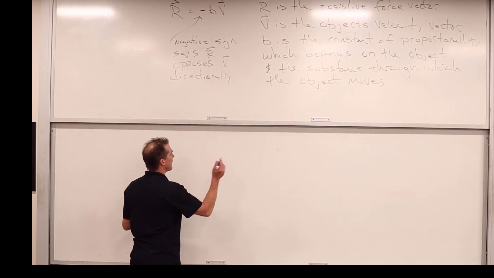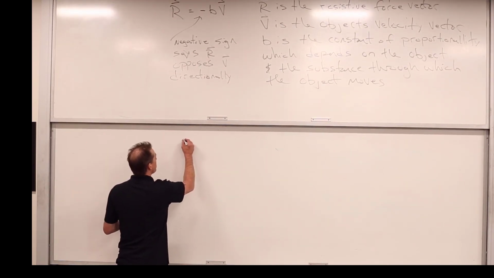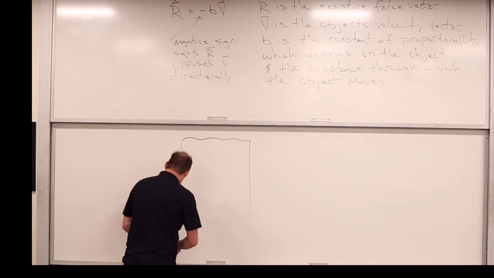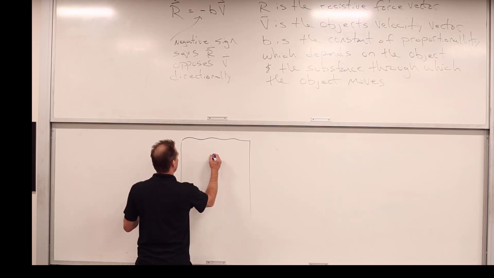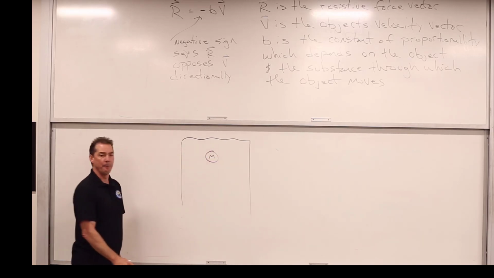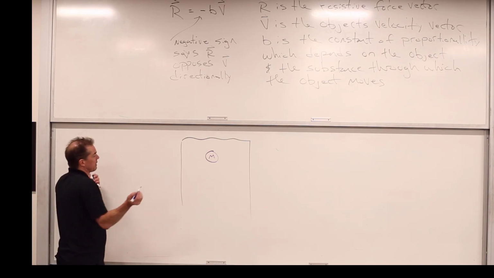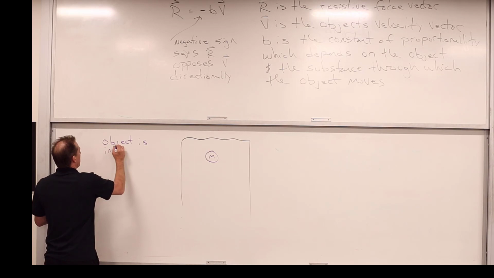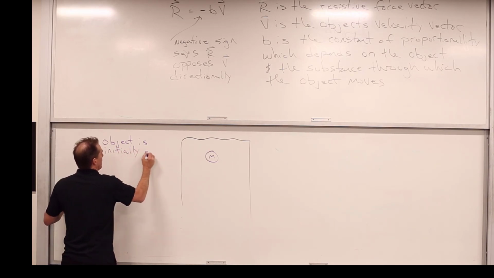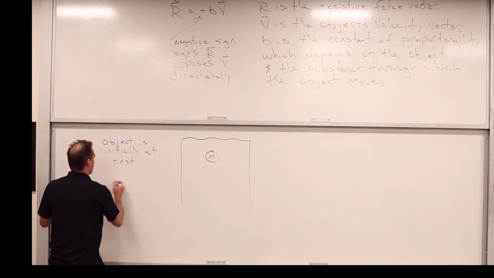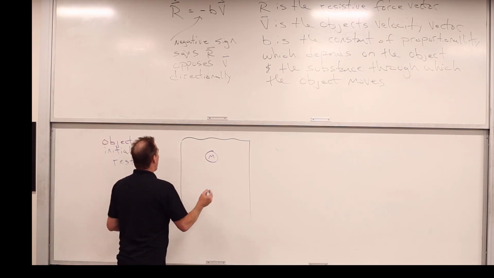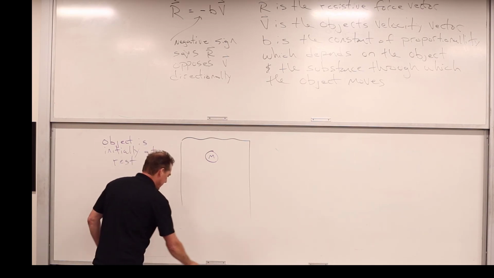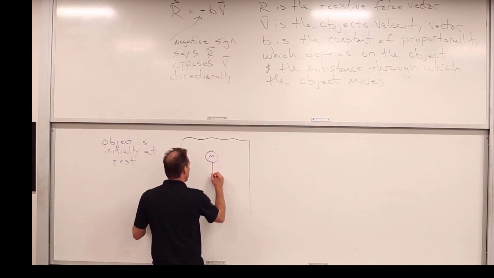So, let's go ahead and take a little model here. We've got ourselves some sort of fluid. We can take ourselves an object that has some mass m, and we can say that it's initially at rest. So we've got an initial velocity of 0, that's great, and we're going to go ahead and release this object into this fluid.